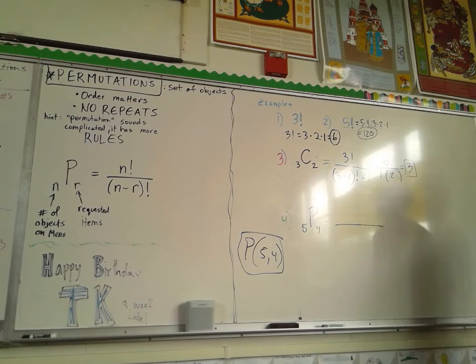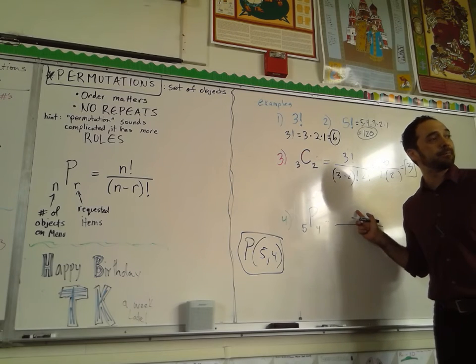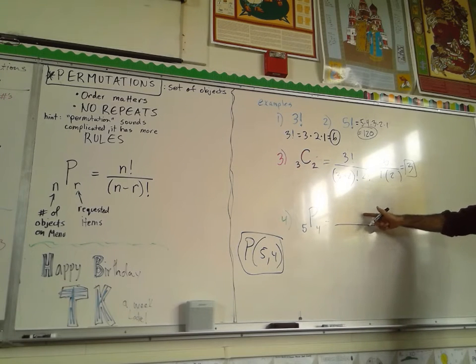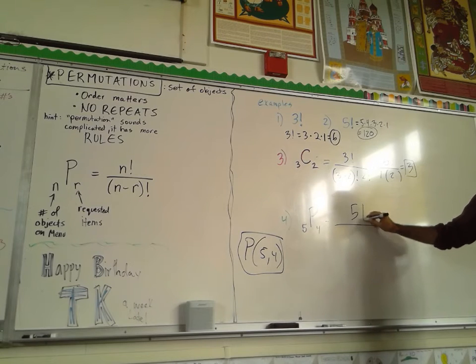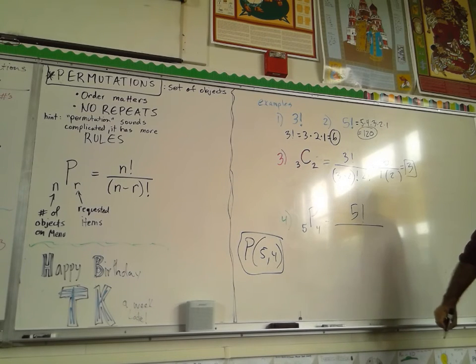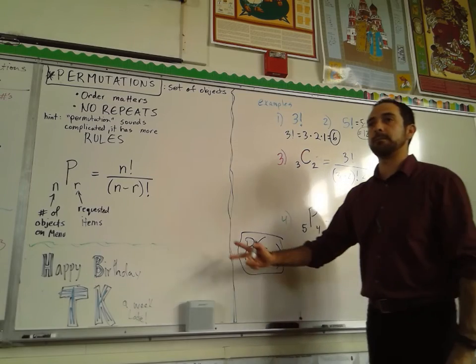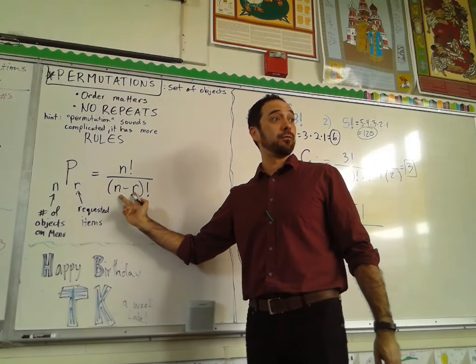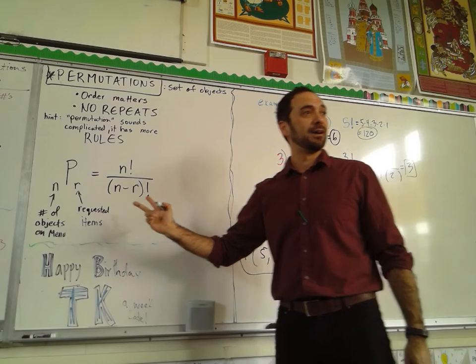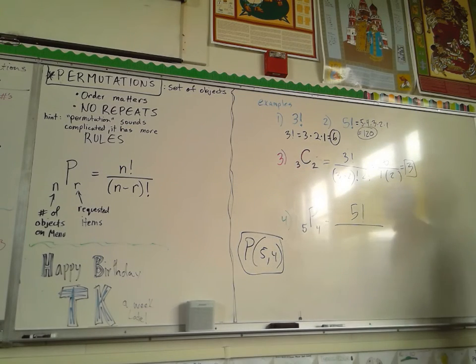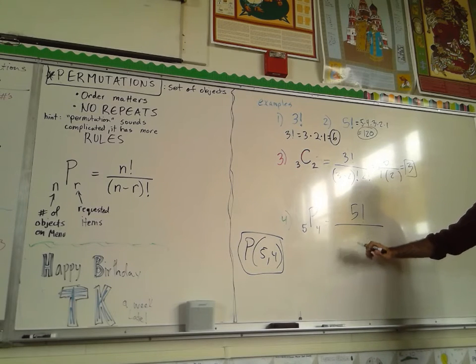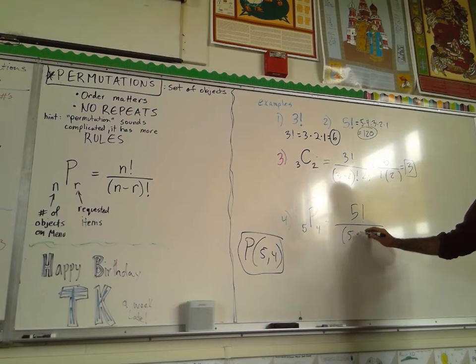Okay, somebody help me out. What goes on top? A 5. Yes. How about on the bottom? What two numbers should I put in here? 5 minus 4, with the exclamation point.